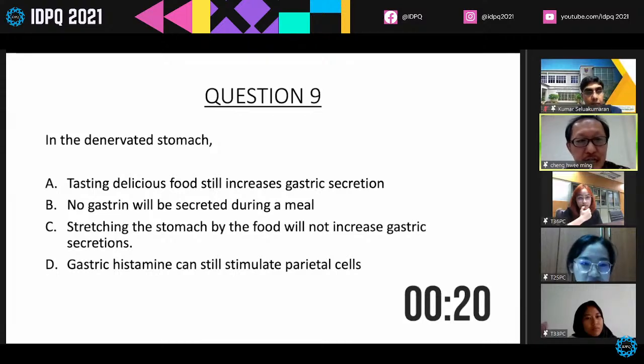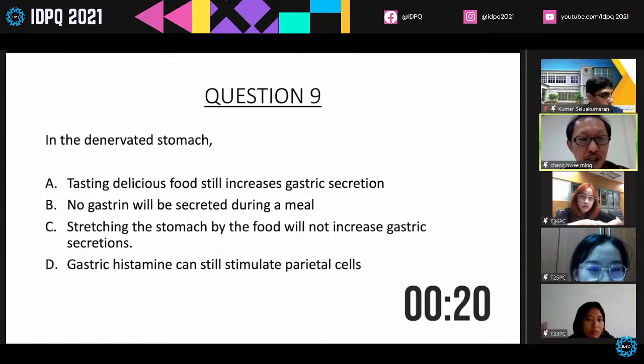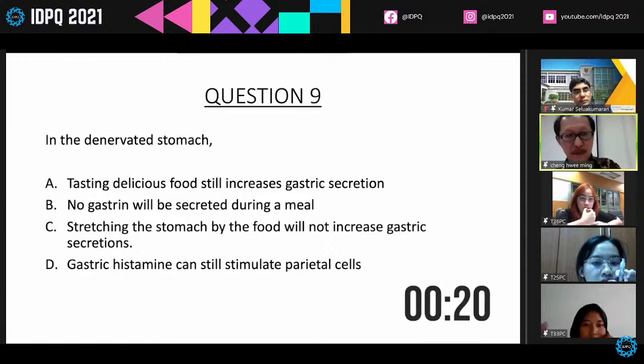In the denervated stomach, tasting delicious food still increases gastric secretion; no gastrin will be secreted during a meal; stretching the stomach by the food will not increase gastric secretion; or gastric histamine can still stimulate parietal cells. The time starts now.